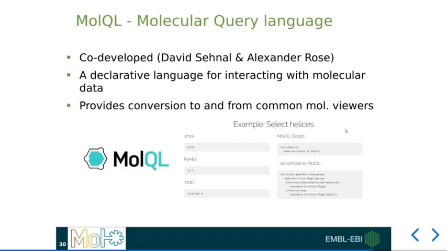I'm not sure if Mandar's provided an answer, but I would say it should be relatively easy, yes. And Mandar's just added that MolQL does support Jmol as well. Yeah, and he's provided a link that you can look up to see how you might go about doing that.